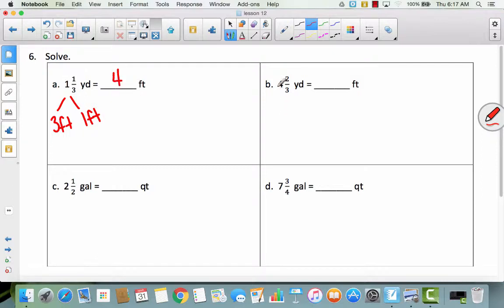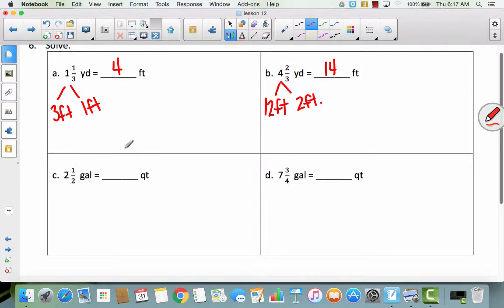Okay, if I've got 4 yards, and I know that there are 3 feet in a yard, this would be 12 feet. And if we remember that there is 1 foot and 1/3, then that means that there would be 2 feet and 2/3 of a yard. So this will be equal to 14 feet.